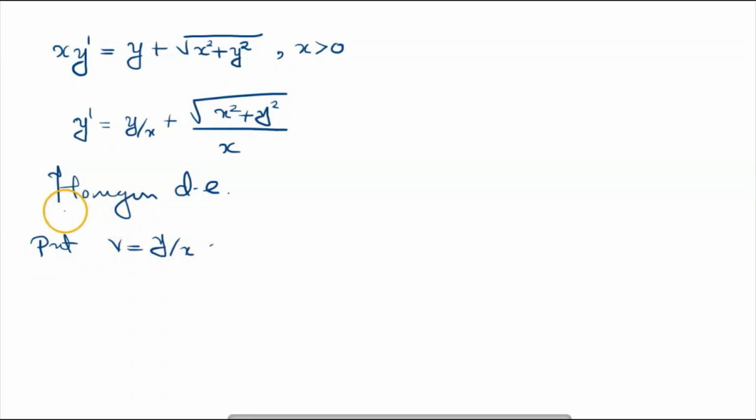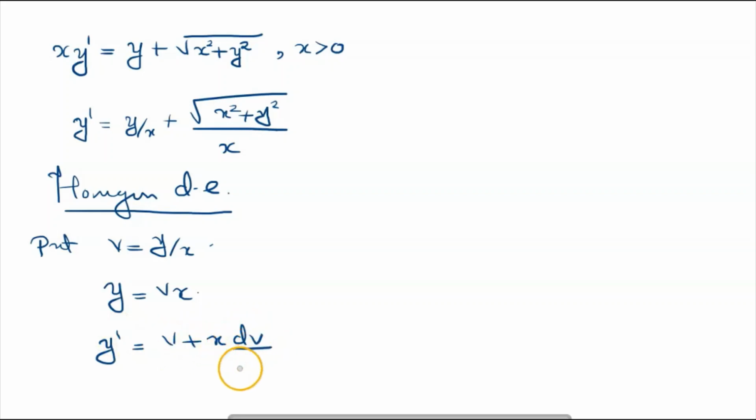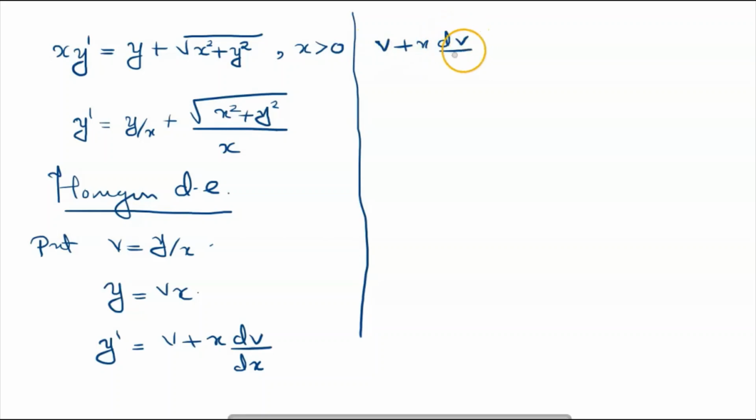In order to solve a homogeneous differential equation, put v equal to y by x, or y equal to vx. What is y dash? v plus x into dv by dx.